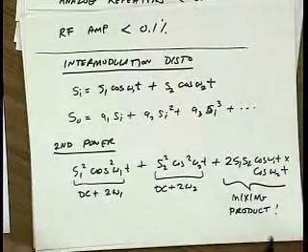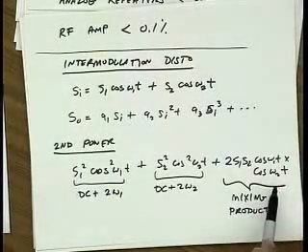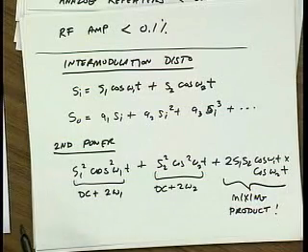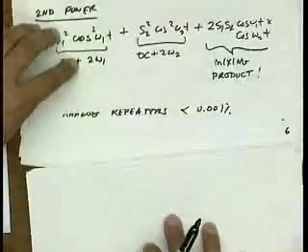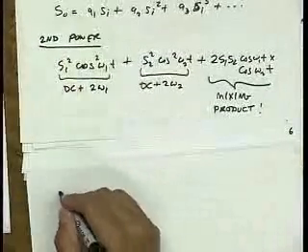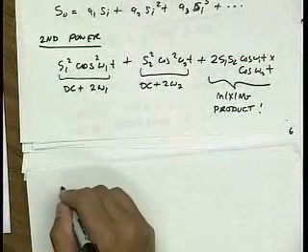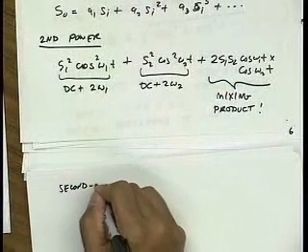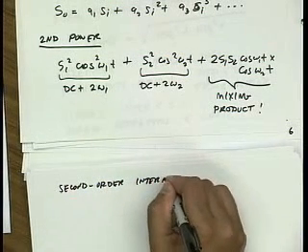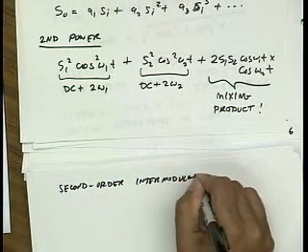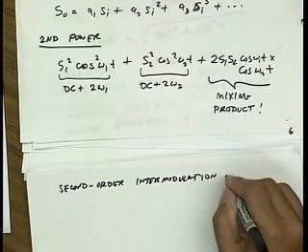What we see is that I take the product of these two, and again, applying what we learned before, the product of 2 cosines gives us a sum cosine and a difference cosine. So the output, the mixing product, we call this the second order intermodulation term.